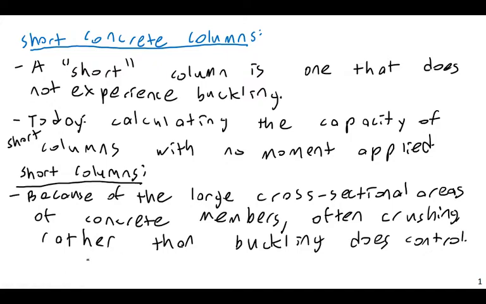For example, let's look at a steel column versus a concrete column. To carry a certain vertical load, a steel column might just be an HSS shape, a very thin-walled hollow square tubing shape. But to carry this very same axial load, you might need a very large, quite solid concrete section.